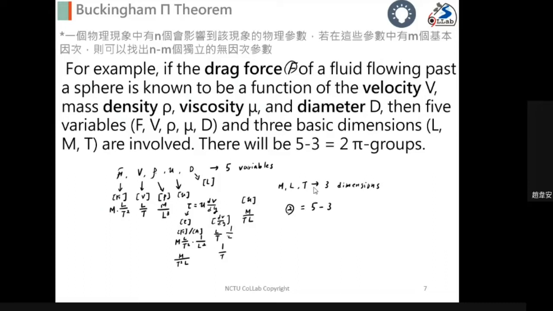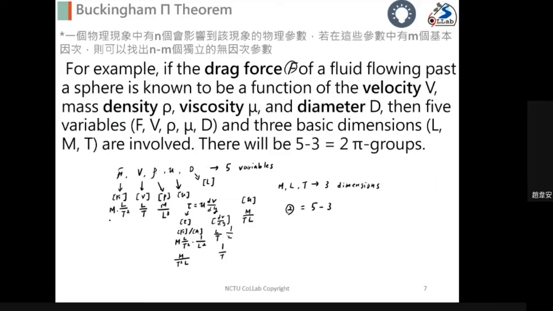So we need to consider, since we pick up the one physical parameters, the slide showing here is the drag force, and we just list all of the physical variables applied and mentioned in our drag force.